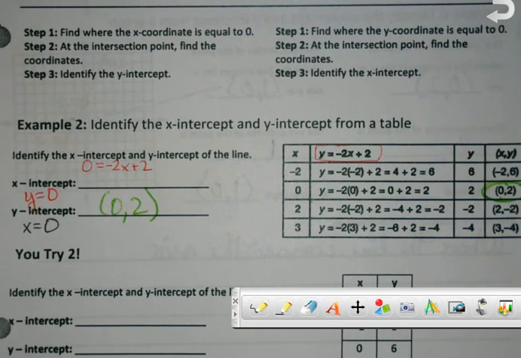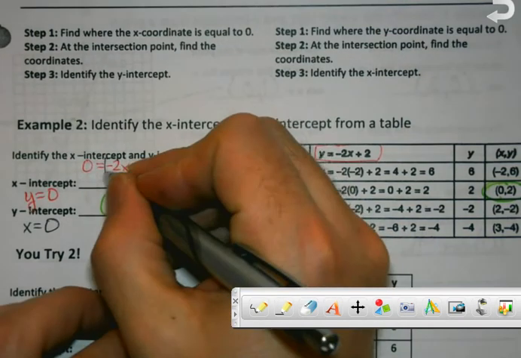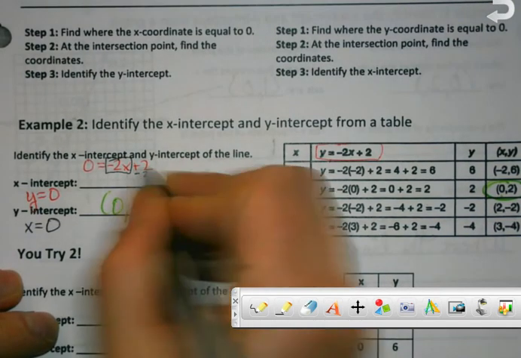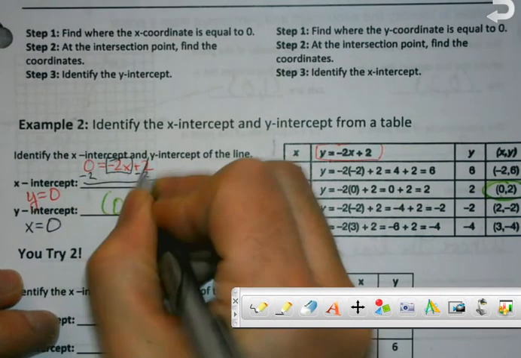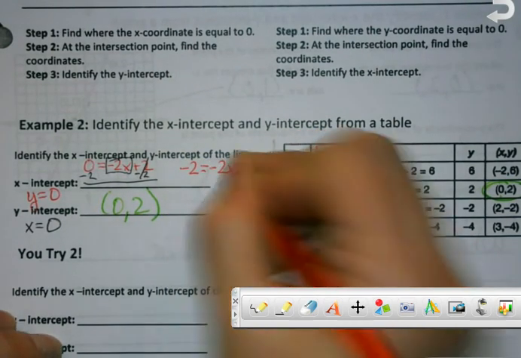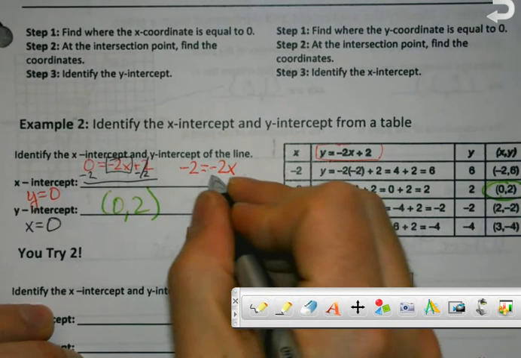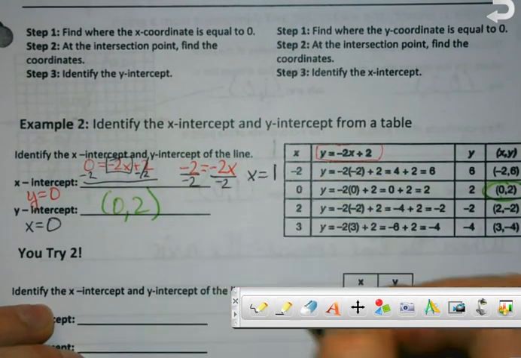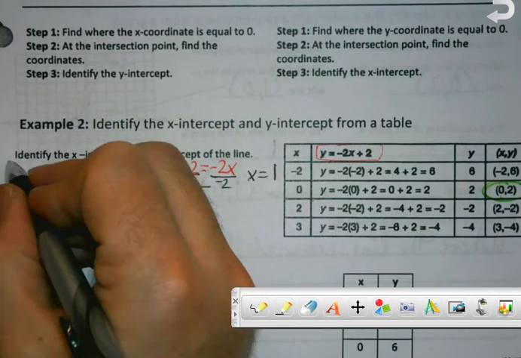If I want to solve for x, how do I get the plus 2 out of there first? We've got to subtract it from both sides. If I subtract 2 from both sides, I have negative 2 equals negative 2x, and then we just divide by negative 2, and x ends up being 1.